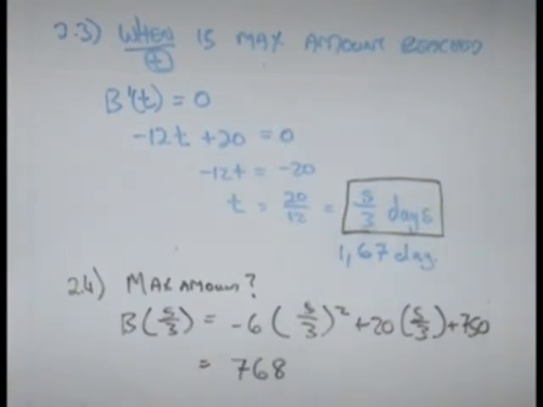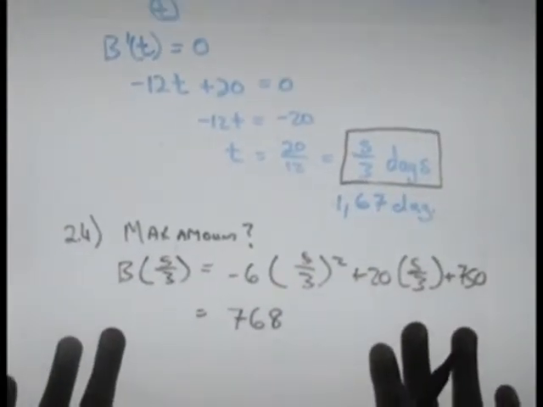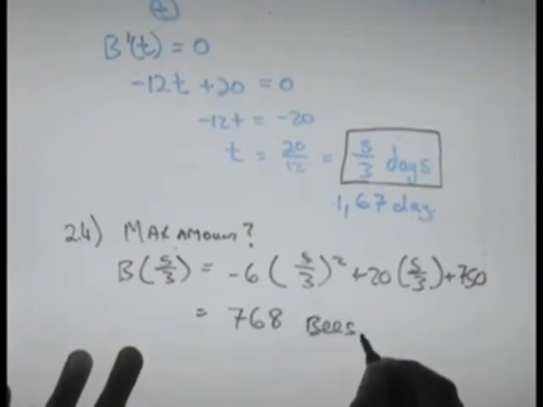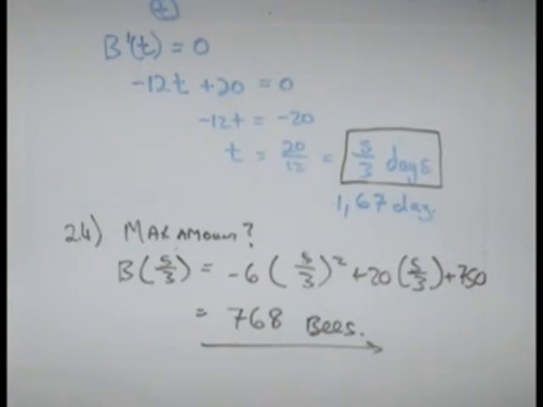It doesn't work out to a whole number, but if you round it off, it comes to more or less 768 bees. And that is the maximum amount of bees that will be reached.